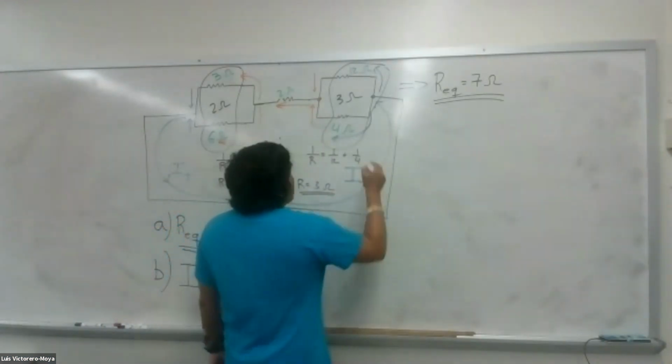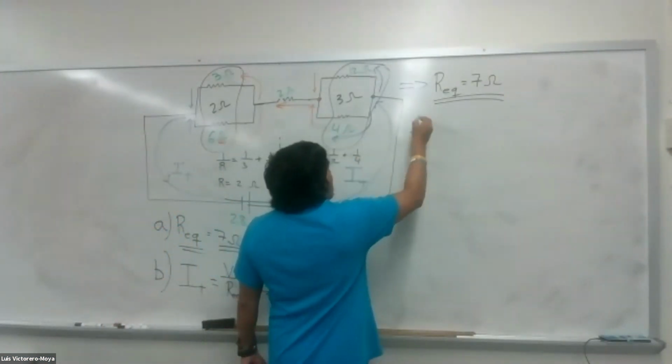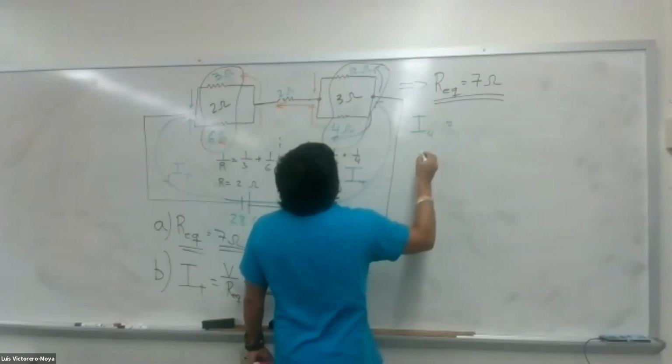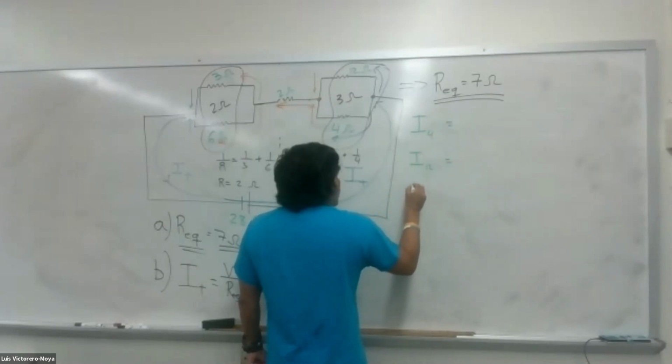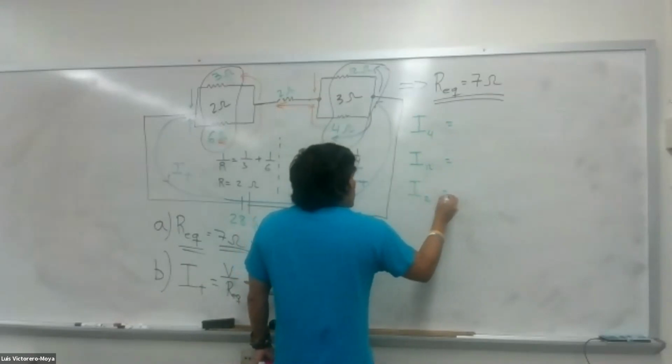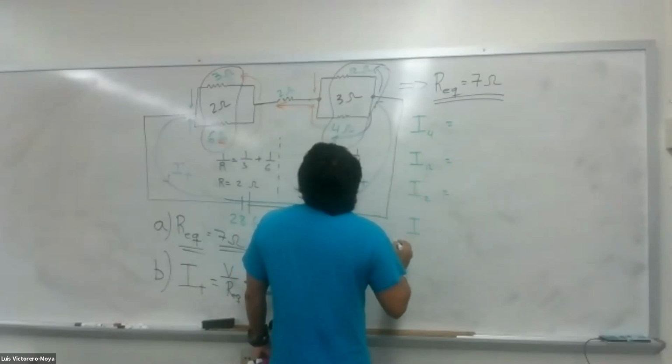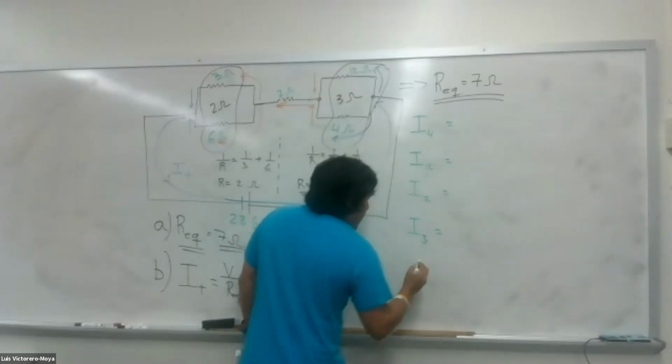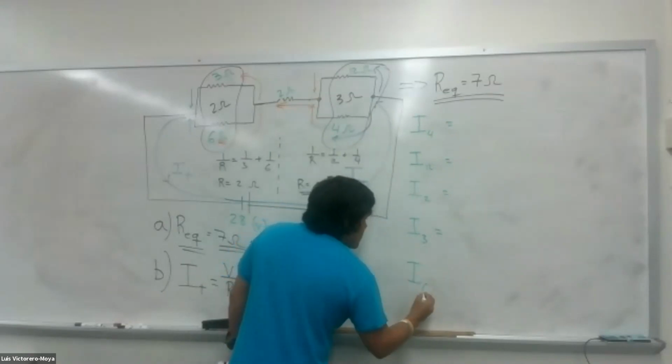We have to find the current on 4, the current on 12, the current on 2, the current on 3, and the current on 6.